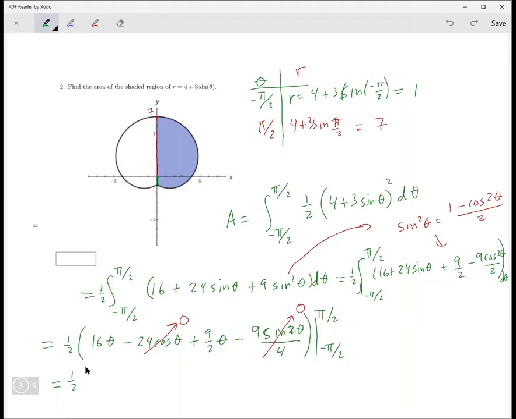Okay, so you have 1/2, and then you've got 16 pi over 2 plus 9/2 times pi over 2 minus, I'll put in brackets here, 16 times negative pi over 2 plus 9/2 times negative pi over 2.